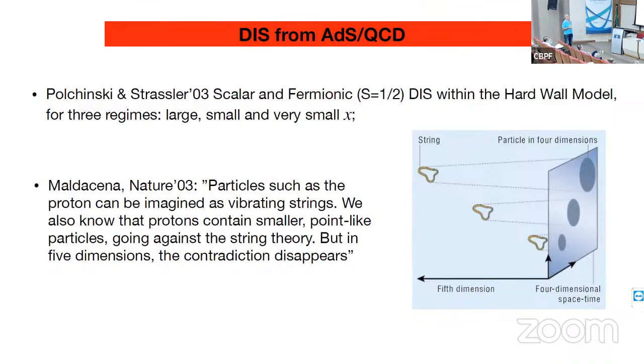And Maldacena wrote some comment in Nature, mentioning that this work of Polchinski and Strassler allows us to interpret the string in higher dimensions as something that we don't see directly. We just see some projection in 4 dimensions, which are the particles that we actually see.